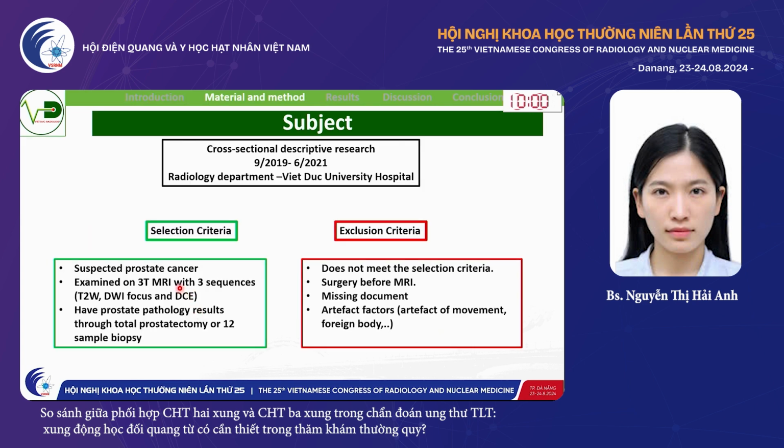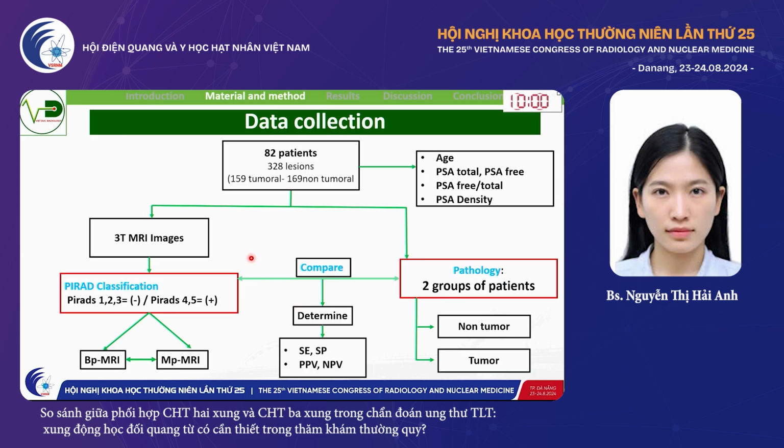This is a cross-sectional descriptive study conducted in the radiology department of the hospital, with selection and exclusion criteria described below. We have 82 patients with 328 lesions. In addition to data on patient age and PSA, we also collect data on imaging and the pathological result.